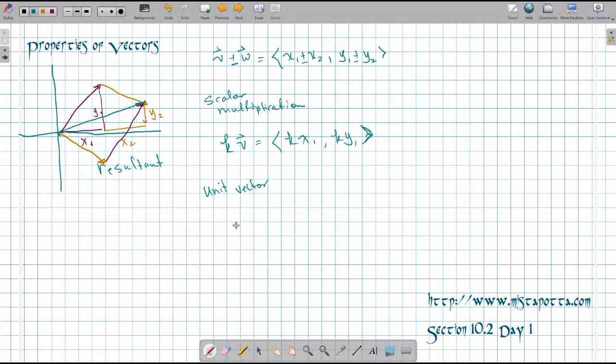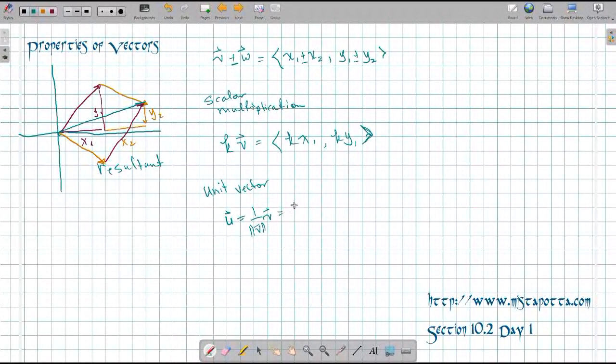If I want to find the unit vector for an existing vector, I take this vector and divide each of those horizontal and vertical components by the scalar value.